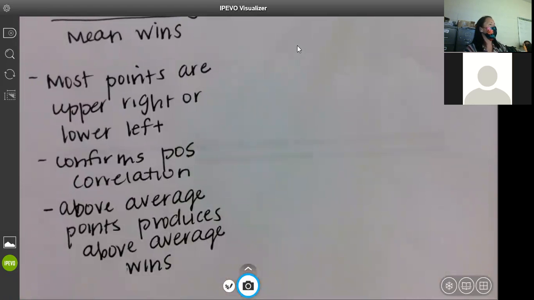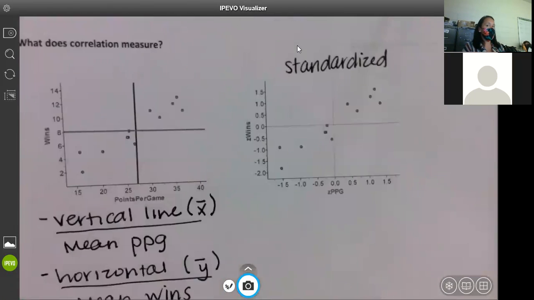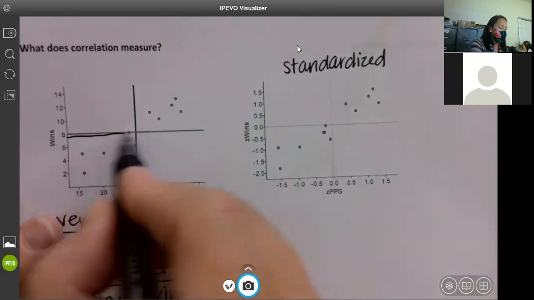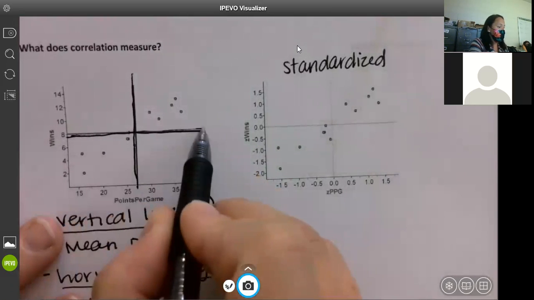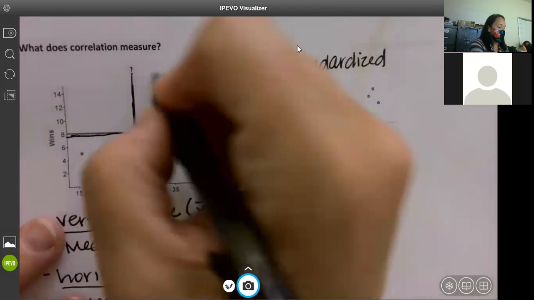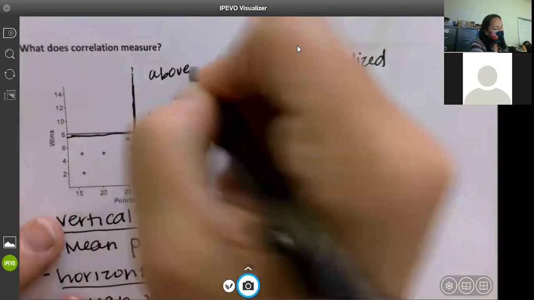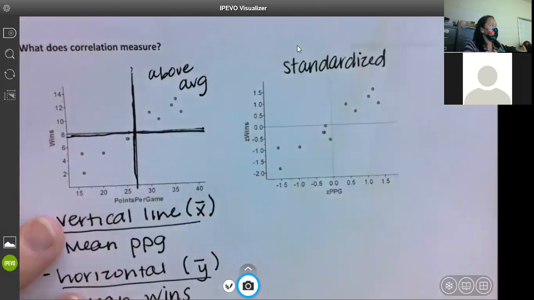It's just a lot of writing from here on out, not a lot of examples. All right. When we look at this, remember these are averages. So if it's above average here and above average here, this is above average on both.